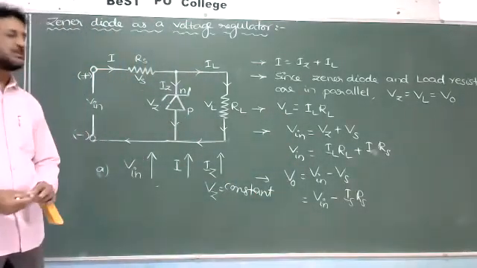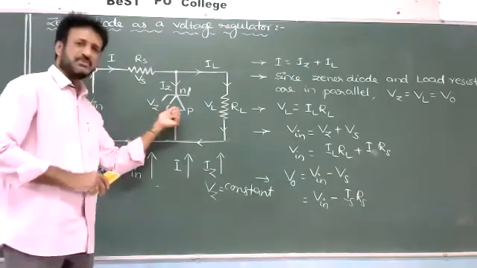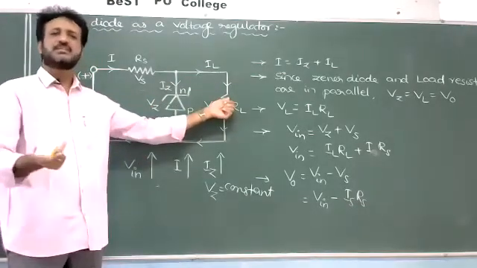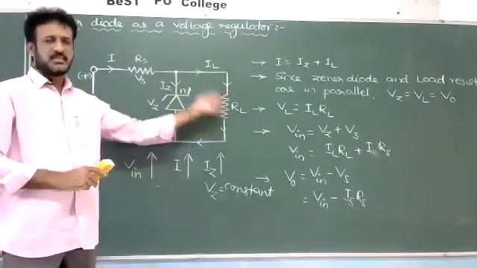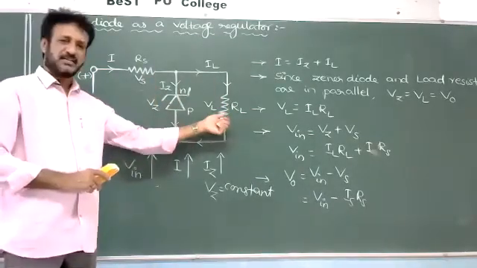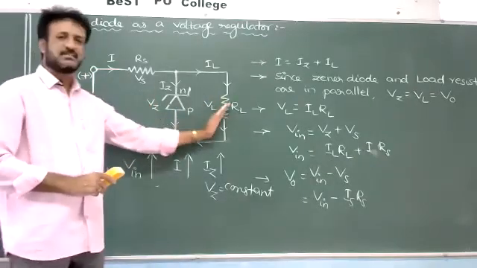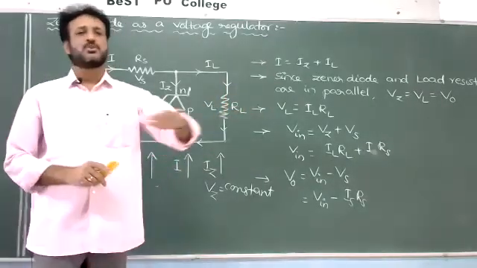Whenever Zener voltage remains constant, the same voltage will be maintained across the load resistance also. For example, 220 volt here and here also 220 volt. Here 230 and here also 230.